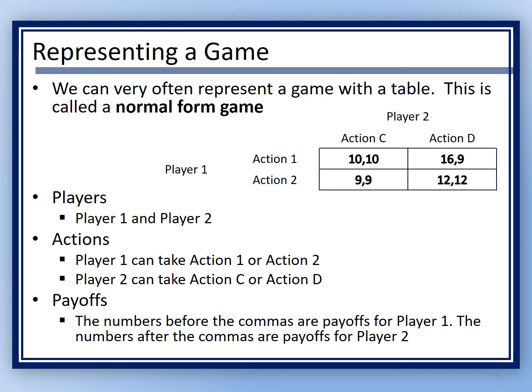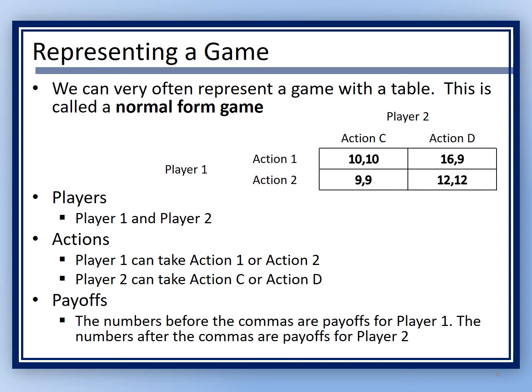So once again, if player 1 takes action 1 and player 2 takes action D, then you'll be in the top right corner. Player 1 will have a payoff of 16, doesn't have to be money. Player 2 will have a payoff of 9.